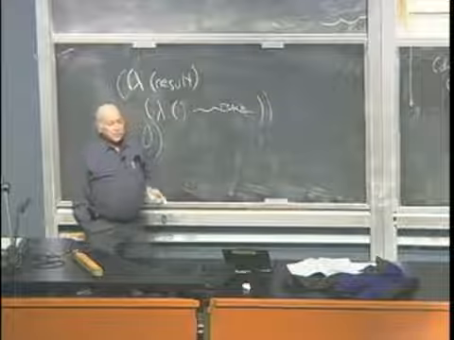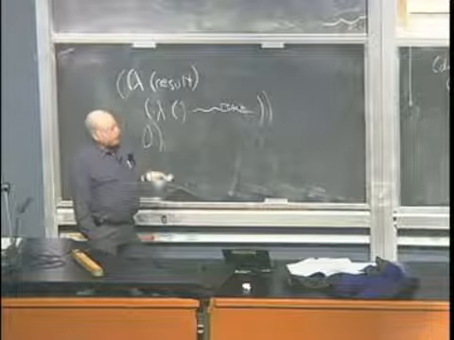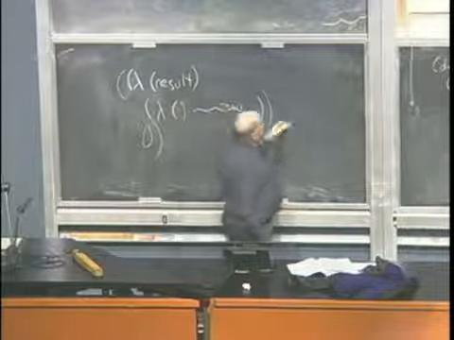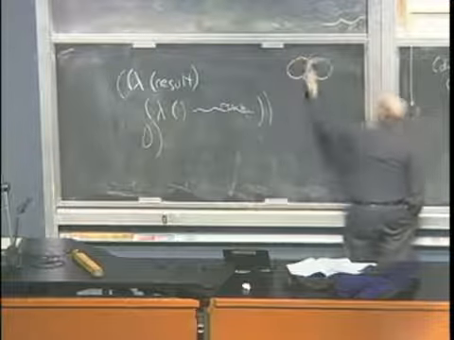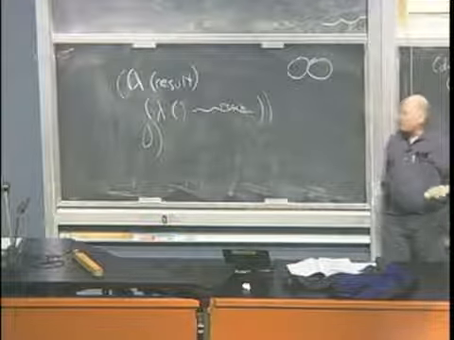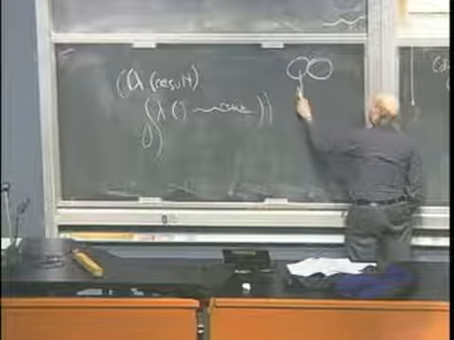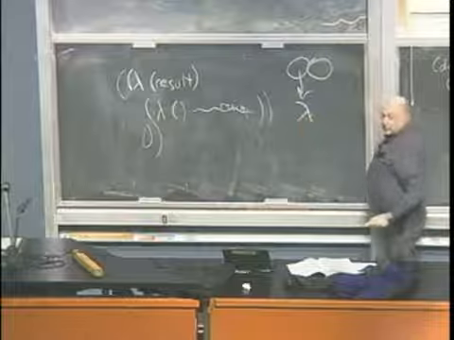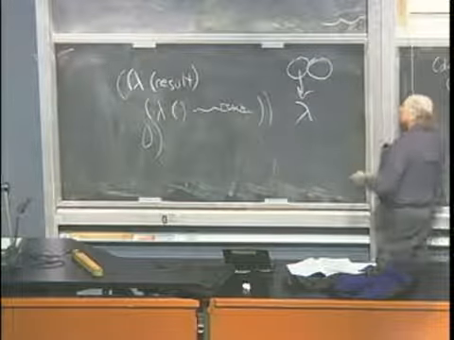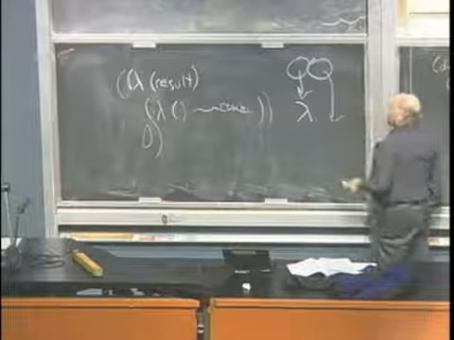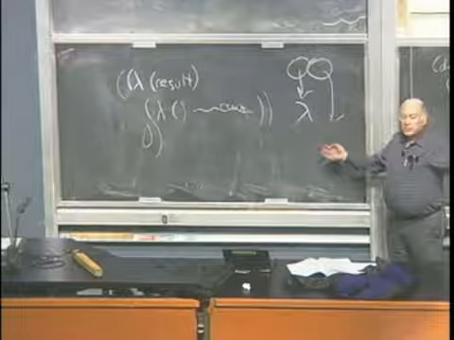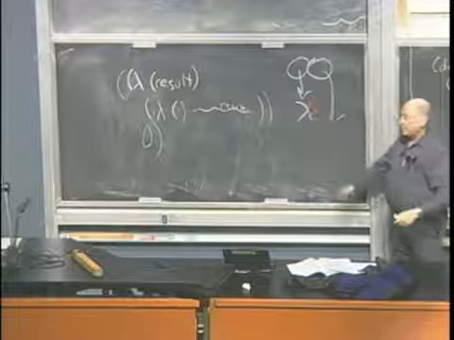So we're going to see later on, as we look at the details of the environment model, that a procedure is drawn like this. It has a left bubble and a right bubble. And the left bubble essentially points to the lambda expression. And the right bubble essentially points to bindings for the variables that are free in that lambda expression.